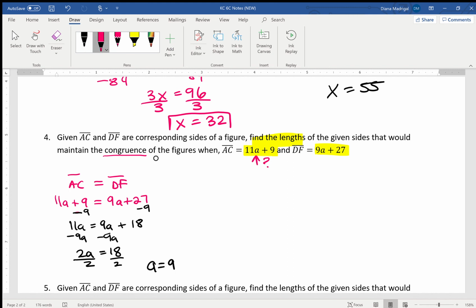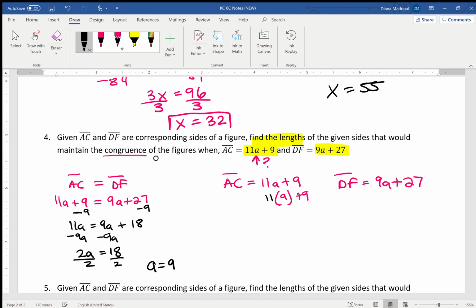What we have to do now is go back to our line AC, which is 11A plus 9, and back to our line DF equals 9A plus 27, and all we're going to do is plug in the 9. So right here, we're going to have 11 times 9 plus 9.